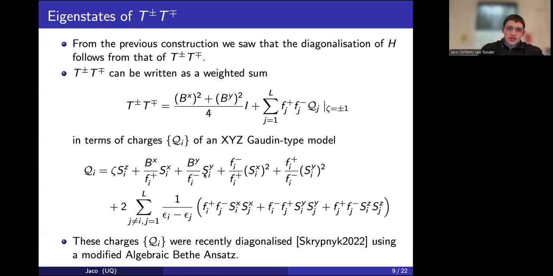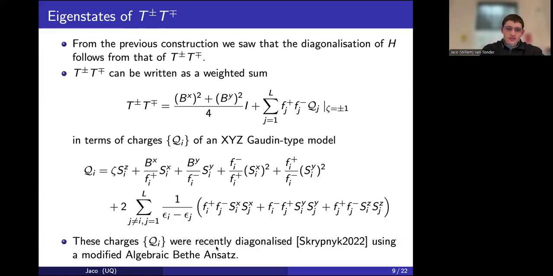And the main feature that allows us to diagonalize these T plus T minus operators is that these charges were recently diagonalized by Skrypnyk using the algebraic Bethe ansatz.